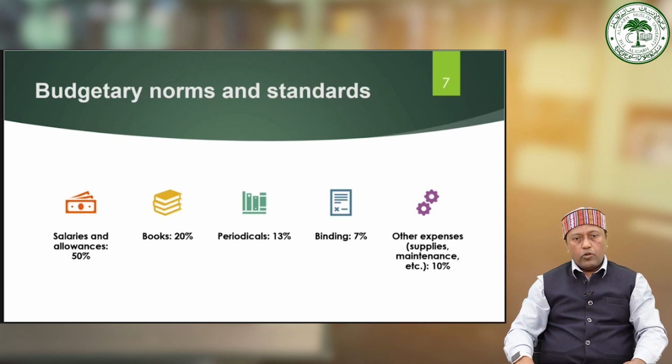Out of these five most prominent heads, the standard norm is that 50% should be spent for salaries and allowances. At least 20% of your total budget should be spent for the procurement of new books. Then periodicals: if it is a research or academic library, 13% should go for the acquisition of periodicals.